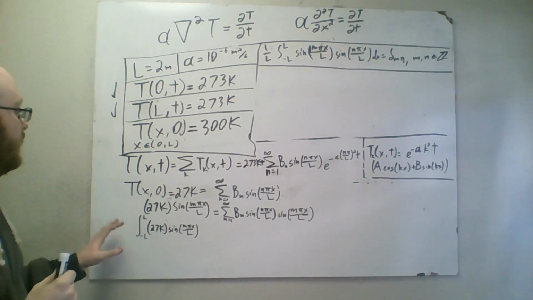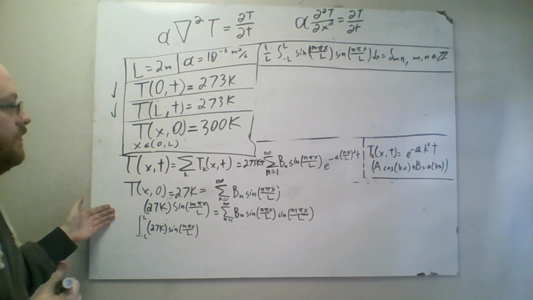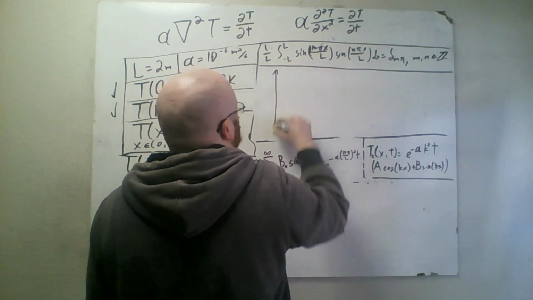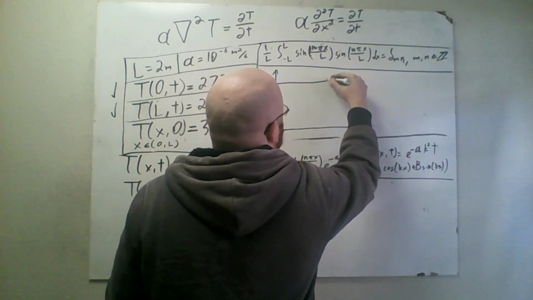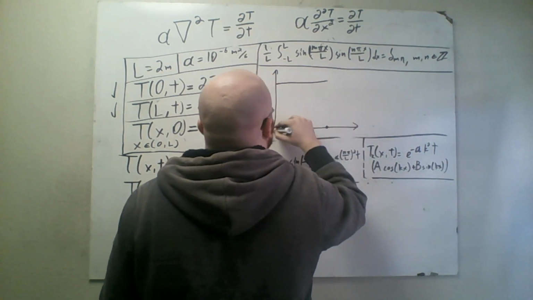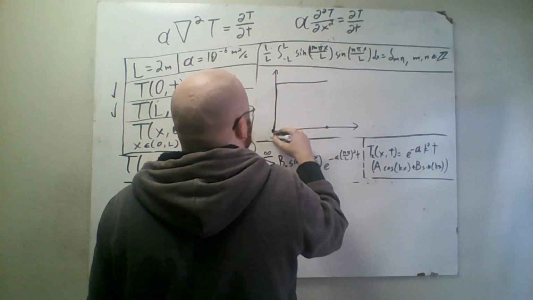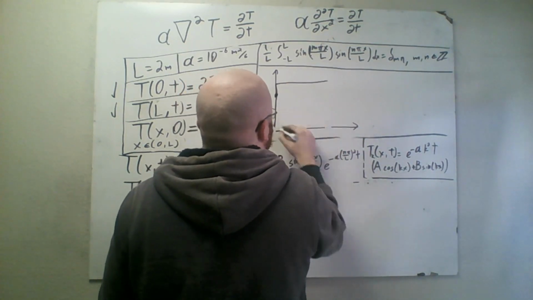now here's kind of the fun part. What do we do with this? Because what we have is basically, let's graph out the initial temperature. We have something like here, and then it has to drop down at L. So I'll actually rewrite it like this.